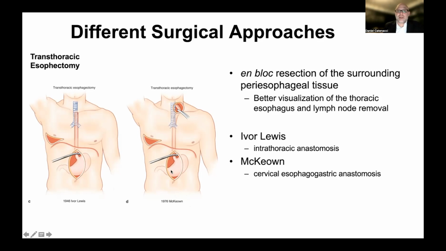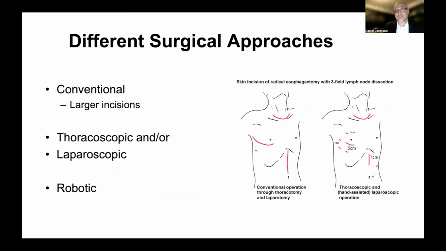But now you have 3 incisions. And so there also is a trade-off. And so again, different surgeons have different comfort levels with each of these procedures, and in certain circumstances may prefer one versus the other.